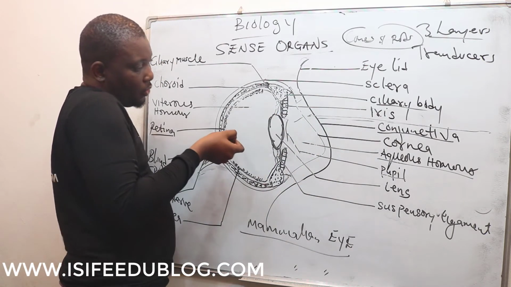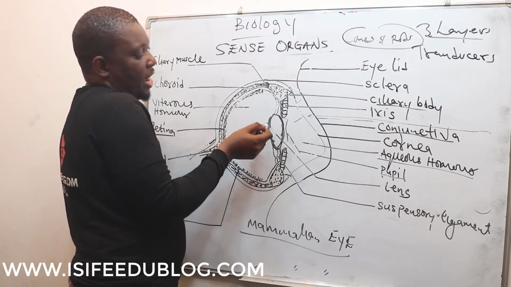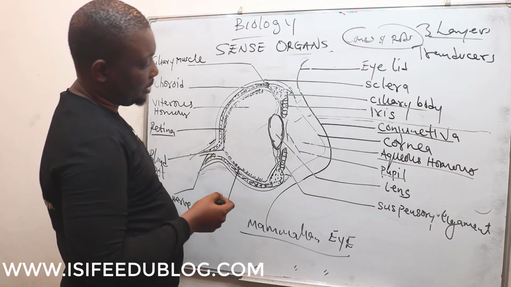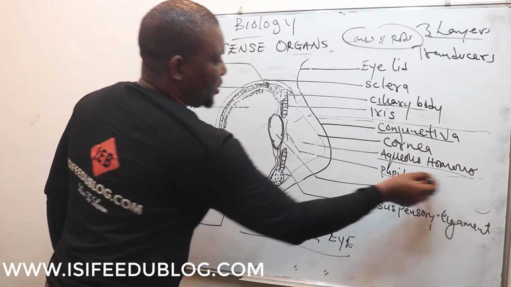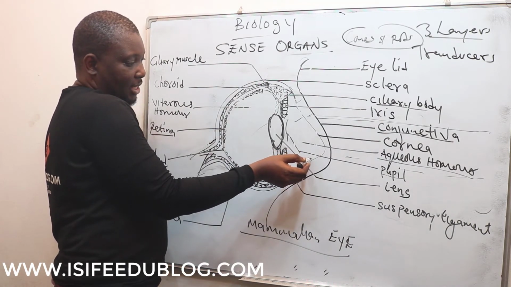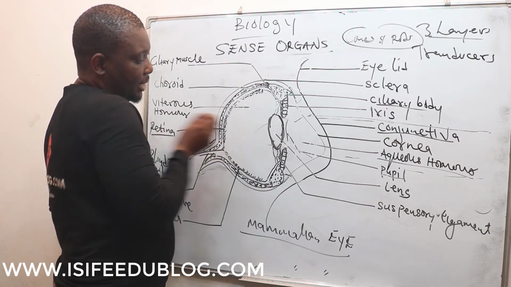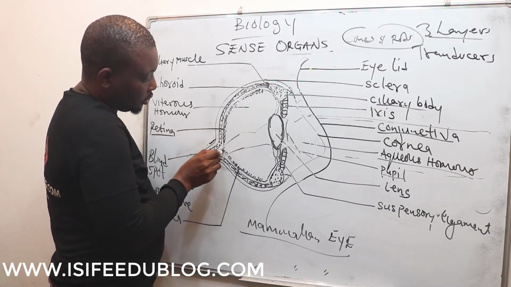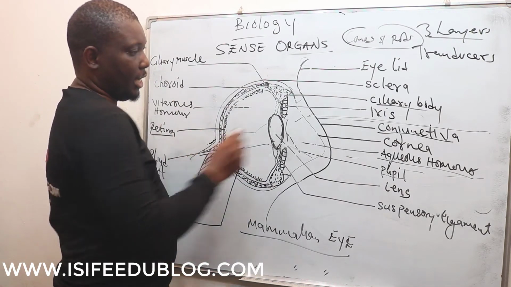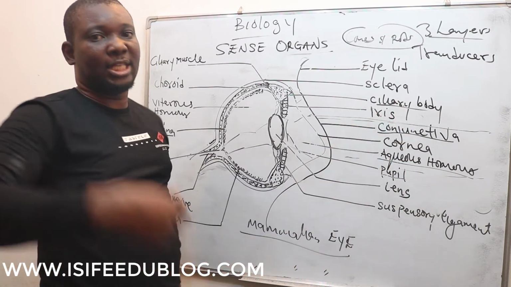Once the light goes in, the lens also helps in further bending of the light, so that it falls on the rods and cones in the form of that electromagnetic wave.